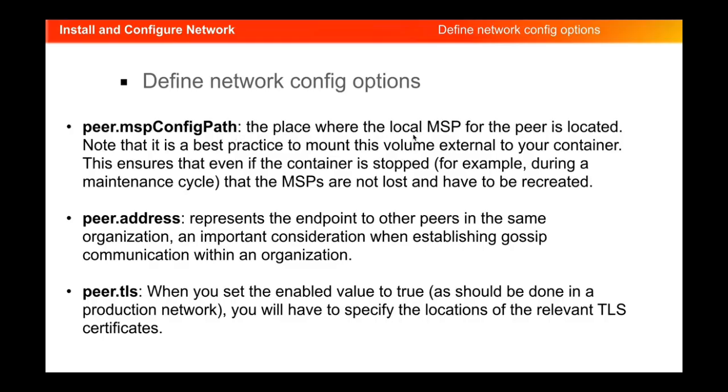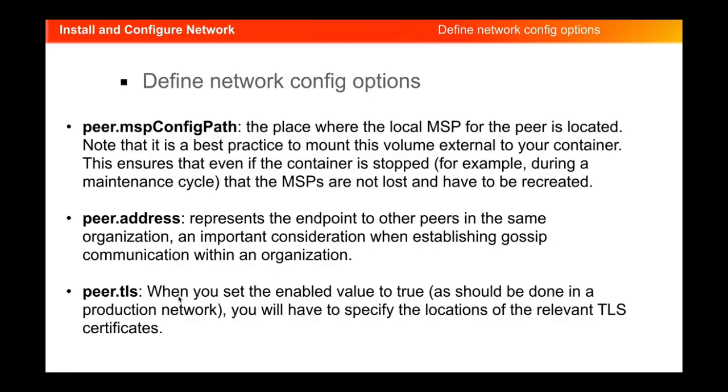This is the place where the local MSP of the peer is located. You have peer.address, which represents the endpoint to other peers in the same organization. This is important to establish gossip communication within the organization. Gossip communication is necessary to identify the other peers that are present in the organization.